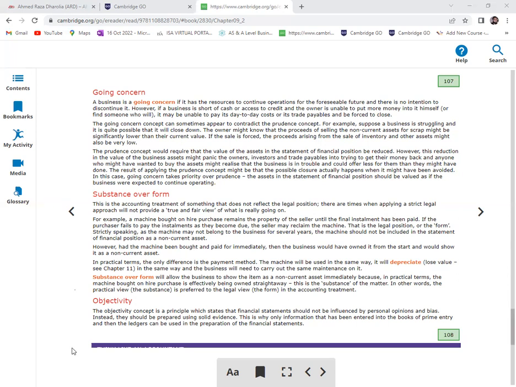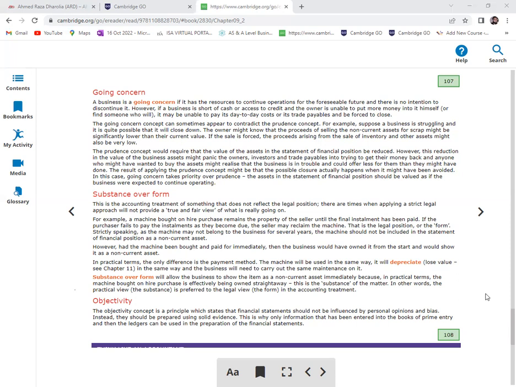Legality is something different, accounting is something different. So substance over form means that sometimes accounting concepts are not in line or not in accordance with legalities. So it's okay.